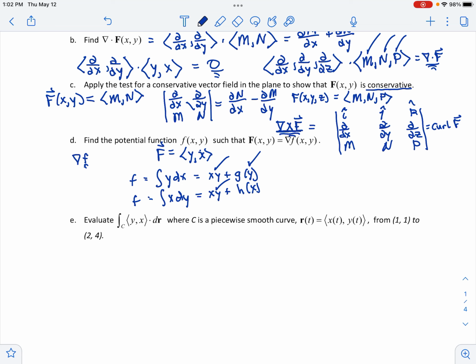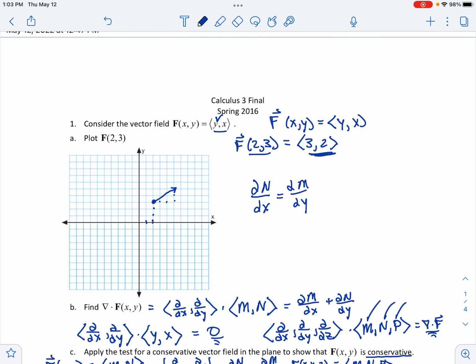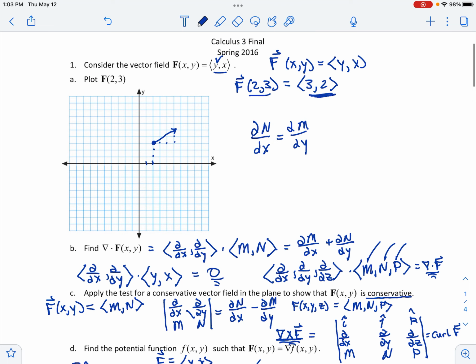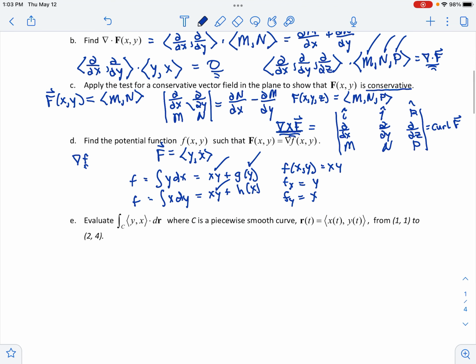So look here. Here's what we're saying. The partial with respect to x is y, and that's right there. And the partial with respect to y is x, and that's right there. So we have found the potential function.